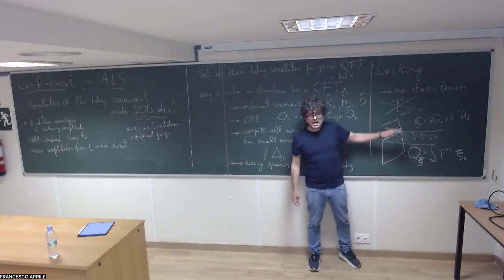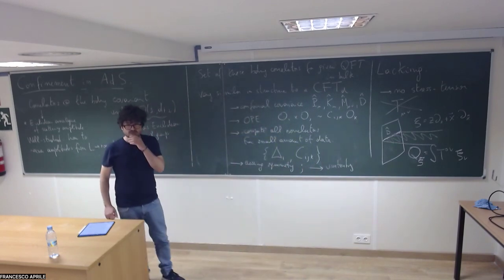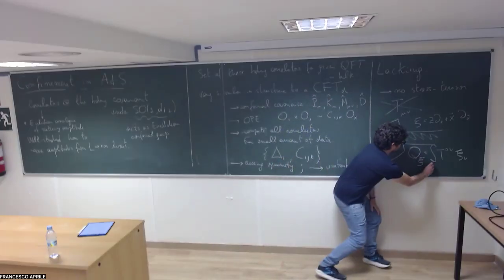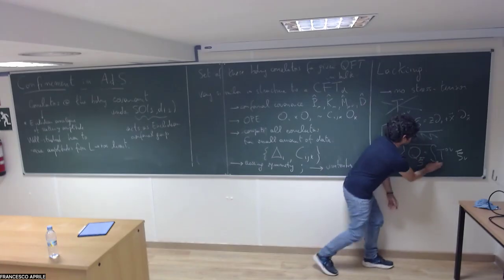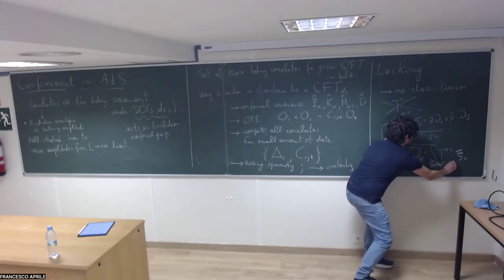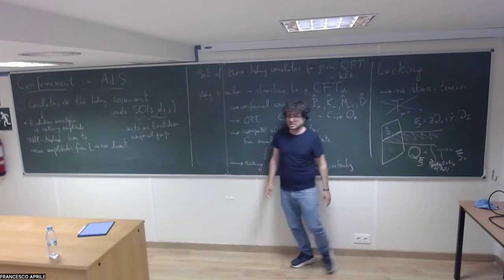And this D hat now will act like a dilatation charge on all the operators of the boundary. Okay? So you see the integral now is inside the bulk, on the spatial slice of AdS.